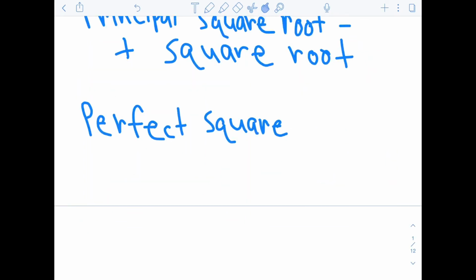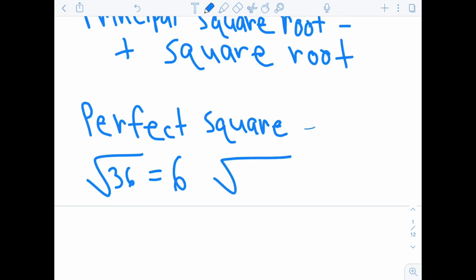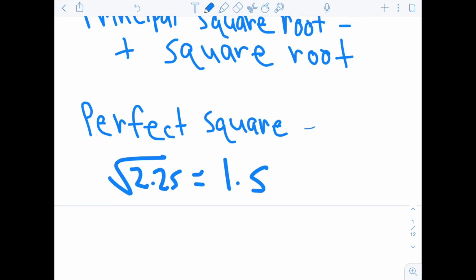So let's go back to square roots. Let's talk about perfect squares. So a perfect square is when you take the square root of a number and you get a rational number. So like we said earlier, square root of 36, you get 6. That's a rational number. So therefore 36 is a perfect square. Square root of 2.25 equals 1.5. That's a rational number. So 2.25 is a perfect square.